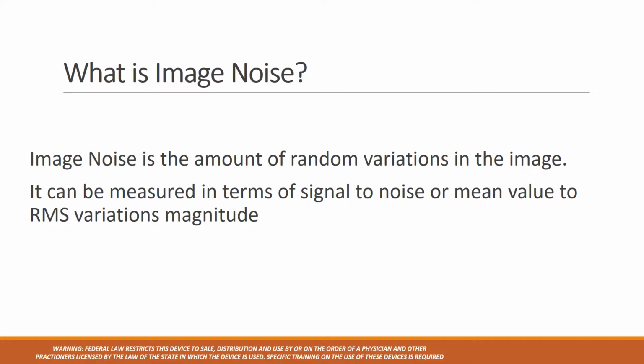Image noise describes the random variations in an image. We can measure this noise in terms of signal to noise in the case of raw data, or as the mean value to the RMS variations in the reconstructed images. Displayed is an image with a significant amount of image noise.